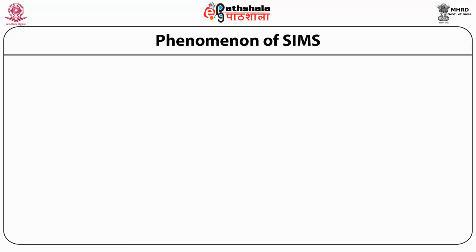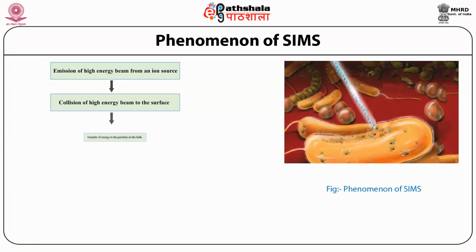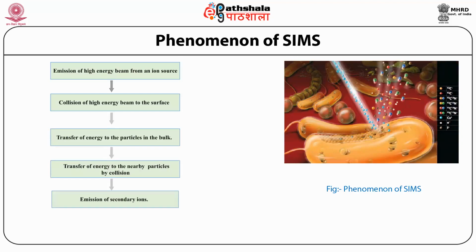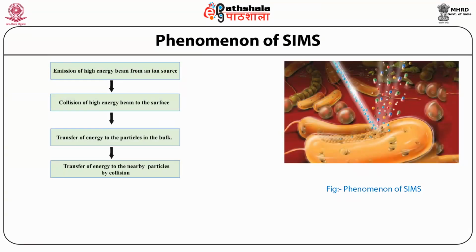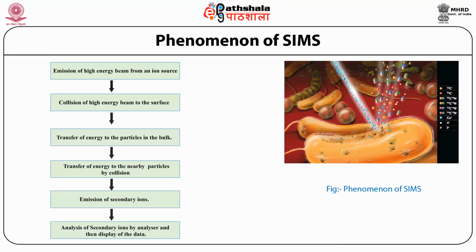The phenomenon of SIMS continues and is shown very clearly in the photograph here. In this slide, which deals with the basic principles, or we can say the phenomenon of SIMS, it is very clear from the flow chart that the underlying phenomenon of SIMS is used for a proper analysis of the material on the surface.